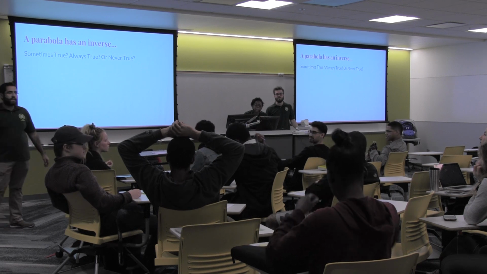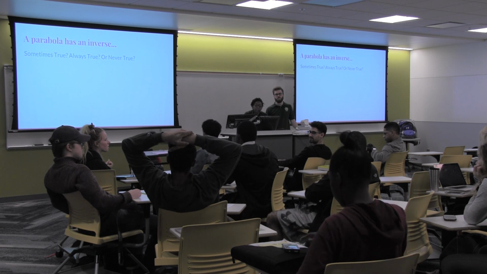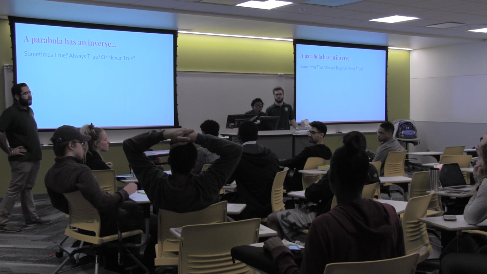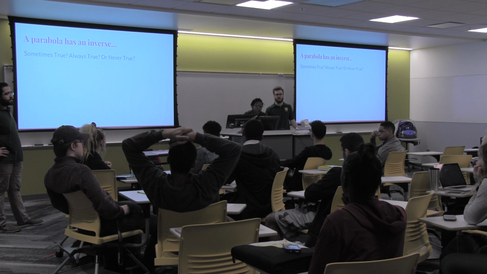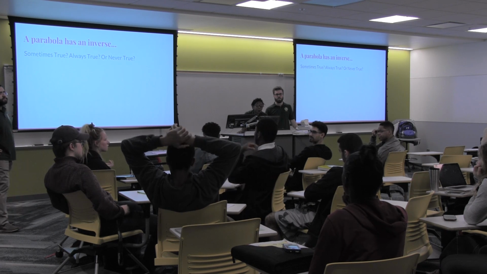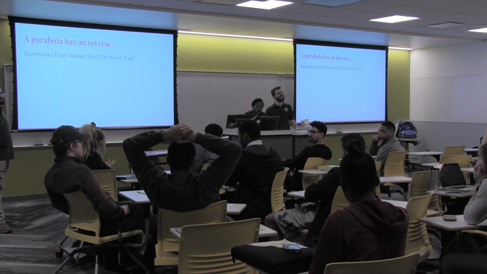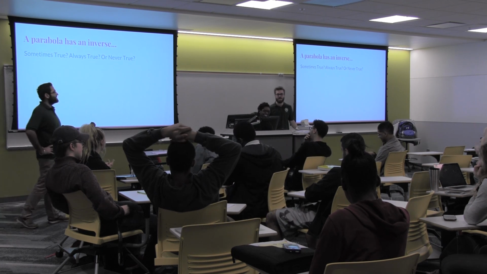Thank you, George. An example parabola would be y equals x squared, right? To find the inverse of x squared, you just square x. Not square x, the inverse of x squared would be square root of x. And then if you solve it, you get the inverse.